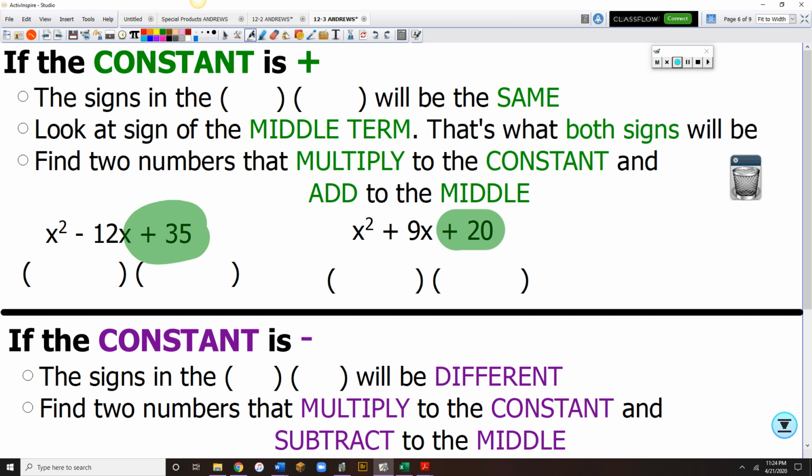That means the signs inside the parentheses will be the same. Then we look at the sign of the middle term. The sign of this middle is minus, so that means this is going to be x minus, x minus.